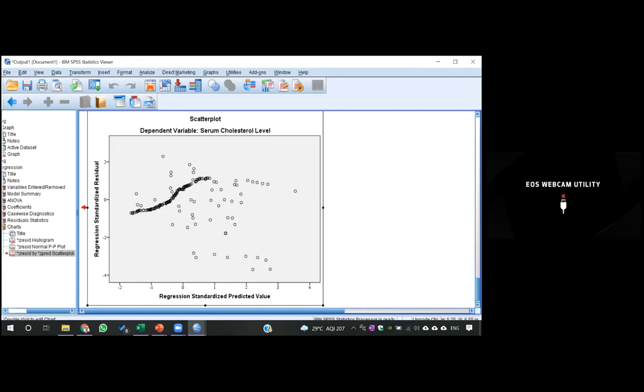If there is no pattern, then you can say that it is following homoscedasticity. The pattern could be, as I've shown you, an increasing funnel, decreasing funnel, or fan shape. So here it is not following any pattern. So we can say that the data is following homoscedasticity, meaning the variance of residual across the predicted value is constant, right?